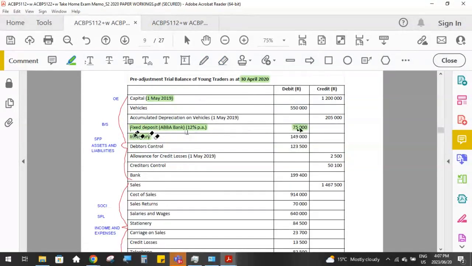So we've invested 75,000 Rand into our fixed deposit account, and it is earning 12% per annum. We invested it on the 1st of May 2019, and 1 year later that is still invested. So we have to record 12 months worth of interest.